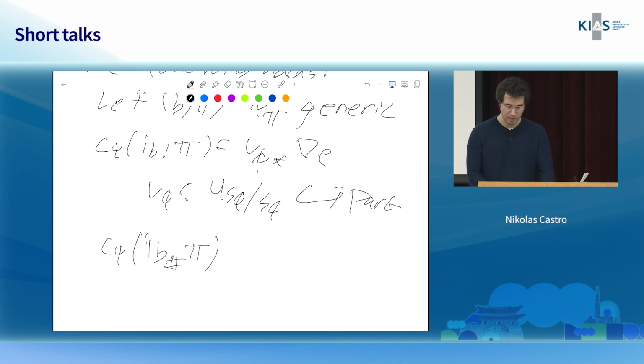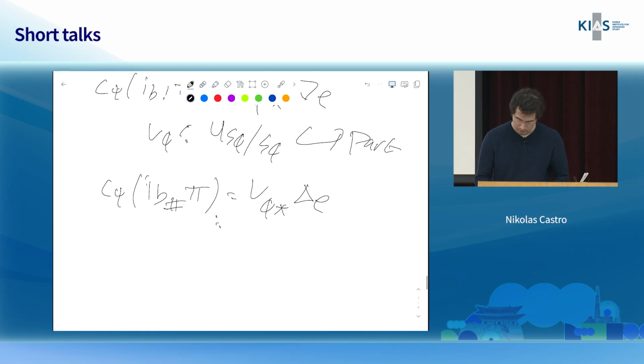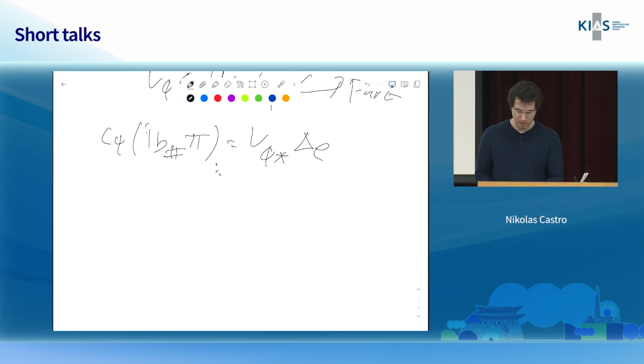So there's this IB lower sharp functor, which I'm guessing someone will mention at some point. And then some more things. So what does this give us?